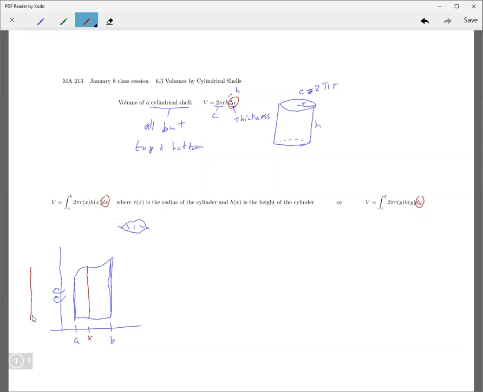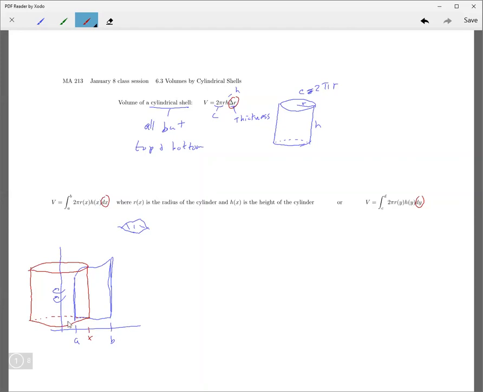This would be rotated about the axis, and it would give us a cylindrical shell, okay? So that's rotated around to give us a cylindrical shell. And so you're integrating the volume of that cylindrical shell, which is this whole thing, right? Which is where we get the volume there. Okay, and from A to B.